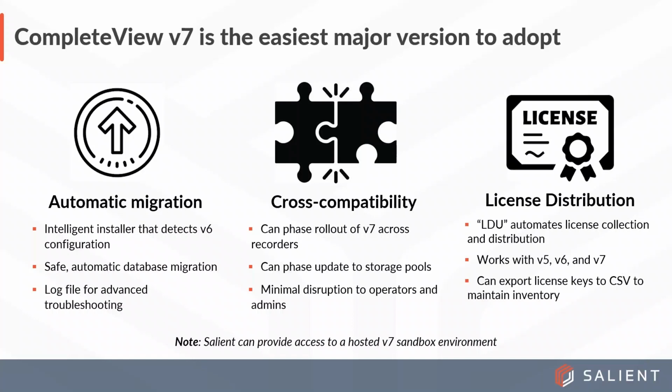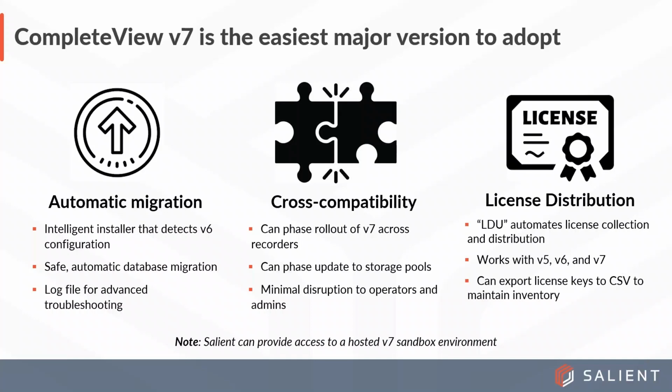And one of the things we recognized is that to make this much easier to adopt, it's important to give our integrators and our end users the flexibility to make the recorder upgrades as and when appropriate, because it's too much to demand that all the recorders get upgraded in a huge hurry or all at once.